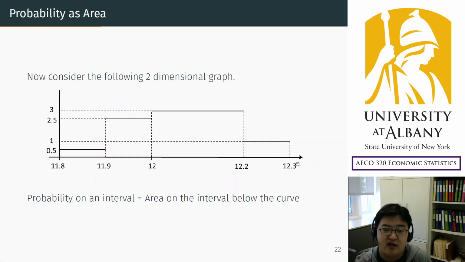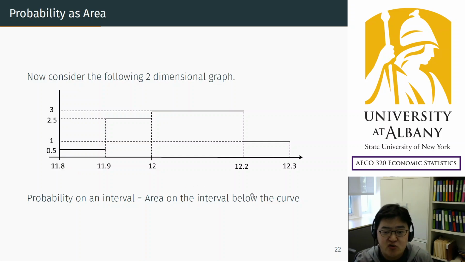So how do we do that? You have to make a two-dimensional graph so that you can calculate some area. Earlier, in the one-dimensional graph, there was only one line. So this horizontal line was the one-dimensional graph. But now we add a vertical line, which adds another dimension.